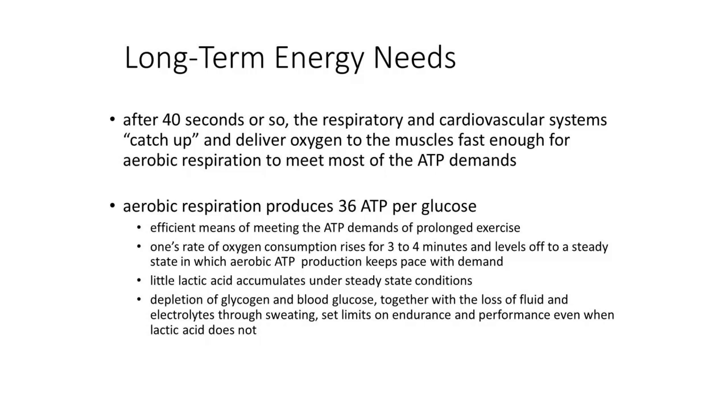Much more efficient. So this is the efficient means of prolonged exercise, how we're going to get all those ATPs. And once your body, again, catches up, you can sustain this. This is how you're able to do physical activity for long amounts of time.